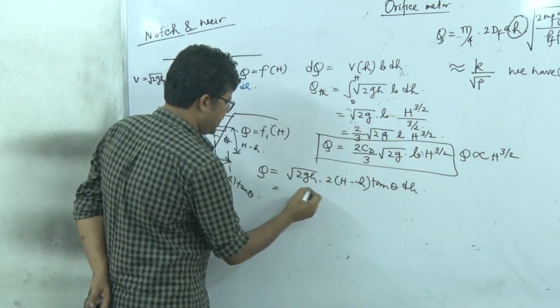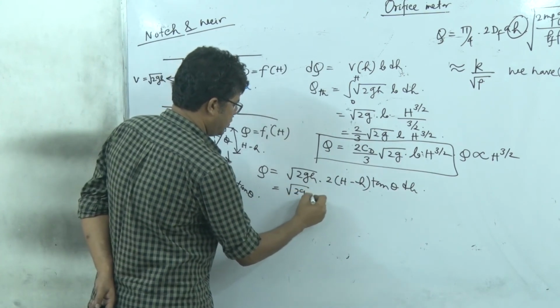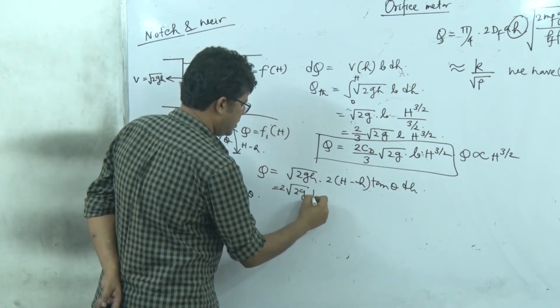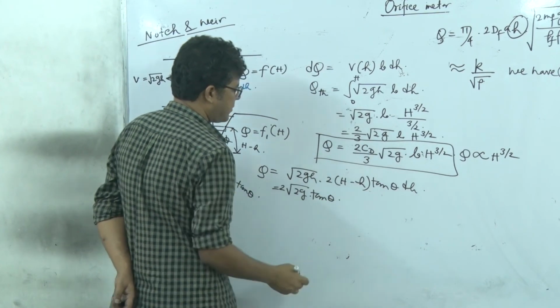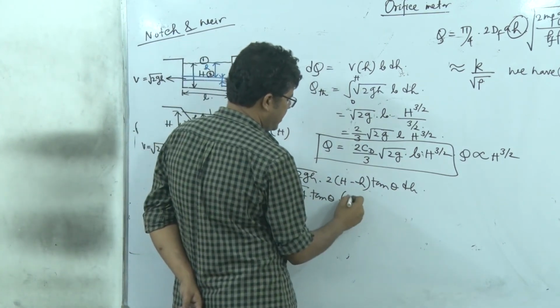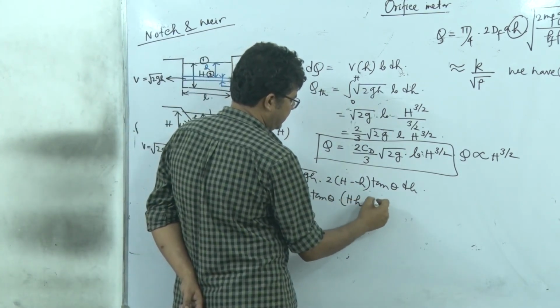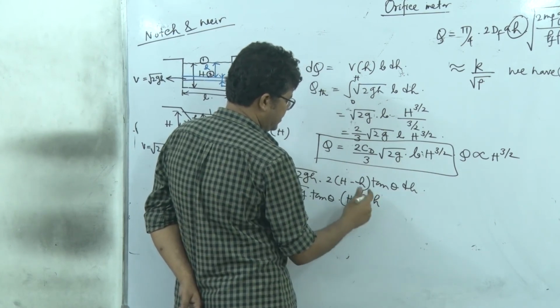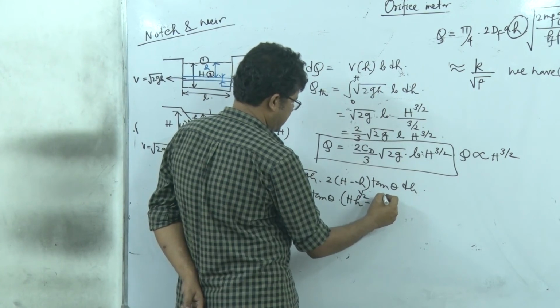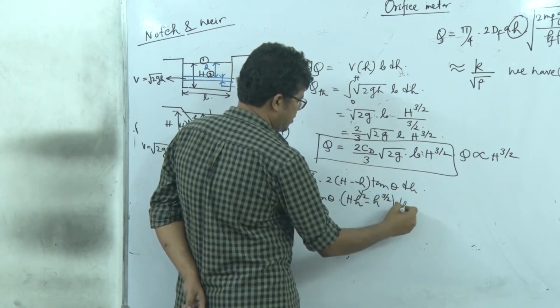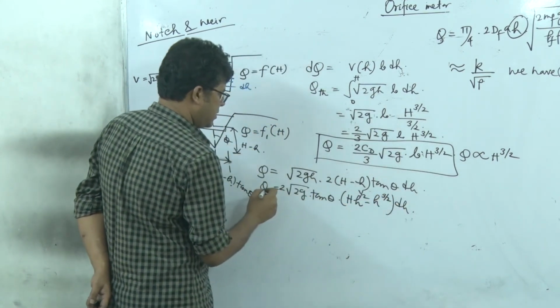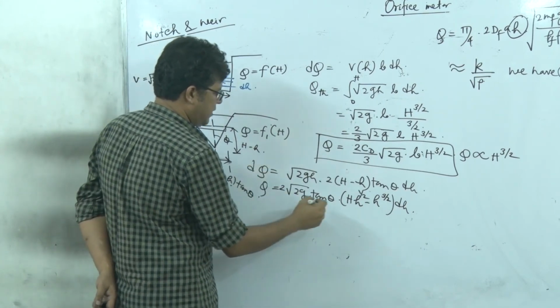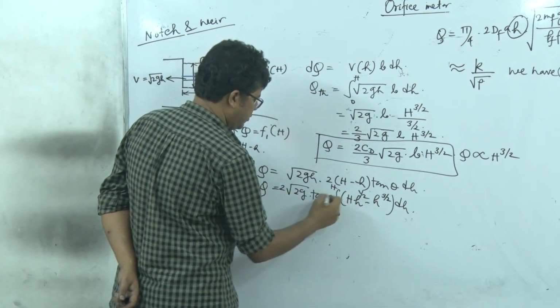So if I integrate it, root of 2g into 2 into tan theta, H into h to the power half minus h to the power 3 by 2 dh, and this is dQ basically. So we have to integrate it from 0 to H.